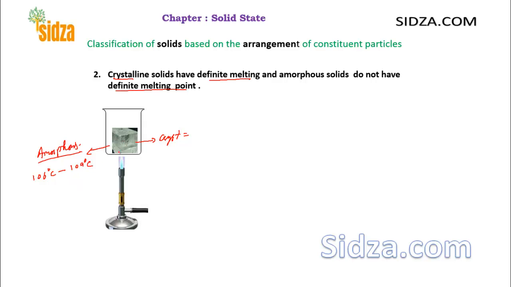Now this is an amorphous solid. This is a test also to identify whether a particular solid is amorphous or crystalline. In case of crystalline solids, they melt abruptly. The whole crystal melts at one temperature, while in case of amorphous solids, you find a melting point range.